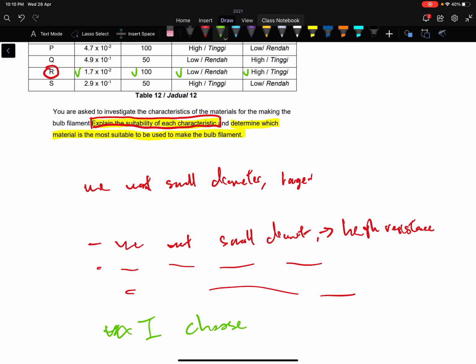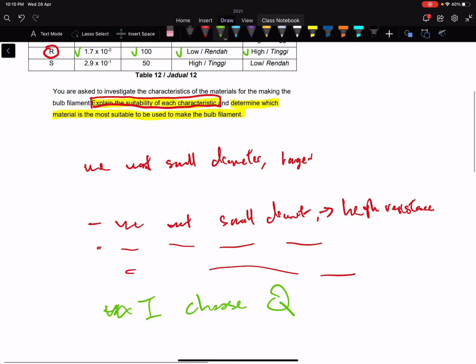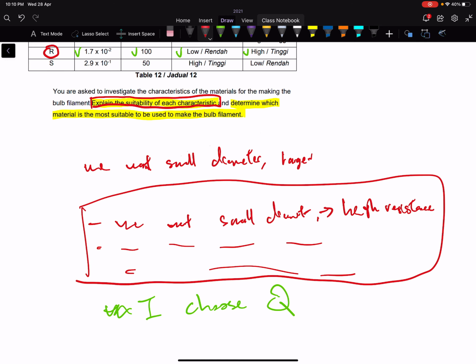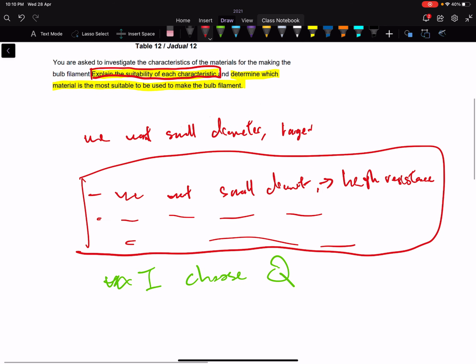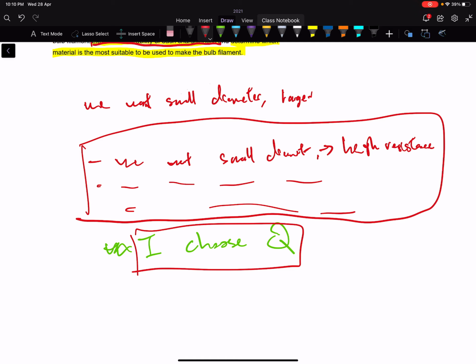For example, let's say I chose the wrong answer, Q. Although your answer is wrong, you can still get marks from your reasoning. If you explain these features and manage to get one or two of them, you can get a few marks from there. But do not start off the answer by saying what you choose, because if you choose the wrong one, then some examiners can just go, no, I'm not even going to mark that.